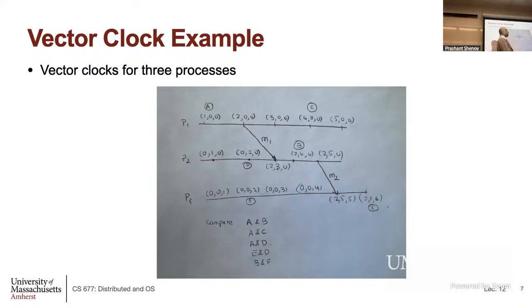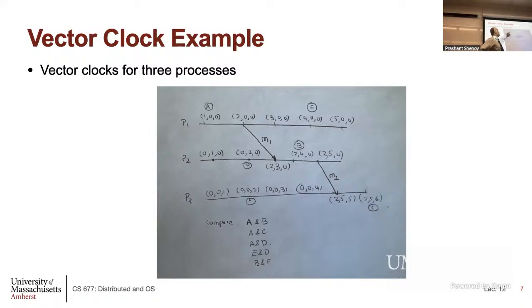But here are three processes, P1, P2, P3. So our vector clock is an array of three integers. Okay? All clocks start with 0, 0, 0. P1 is process 1, this is process 2, process 3. Whenever there are local events, you increment the local element of that vector.